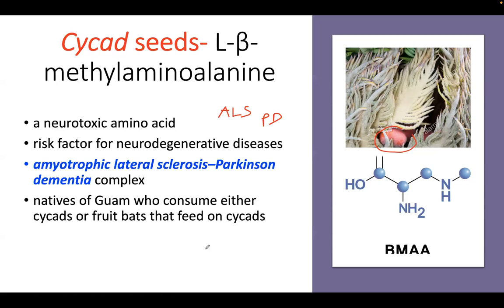So what are the two neurodegenerative disorders which arise from ingestion of Cycad seeds? It is amyotrophic lateral sclerosis, or ALS. Then we have Parkinson's disease. Now, please take note. In the textbook, they mention a complex, which is the Parkinsonism dementia complex.